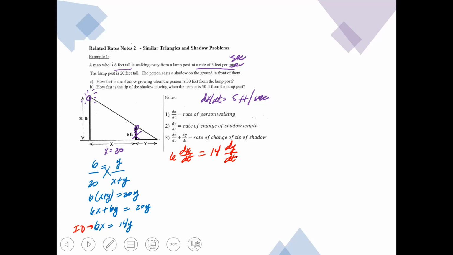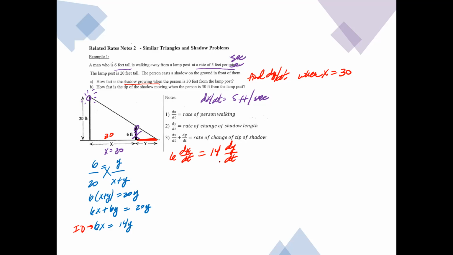Given that the first question, A, says how fast is the shadow growing, the shadow growing is going to be dy over dt, because that's the shadow right here, when x is equal to 30. So 30 feet away from the lamppost.